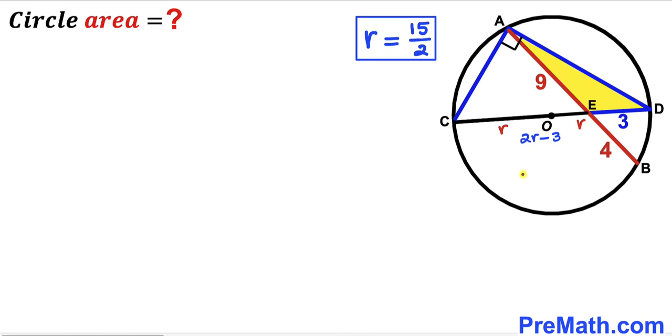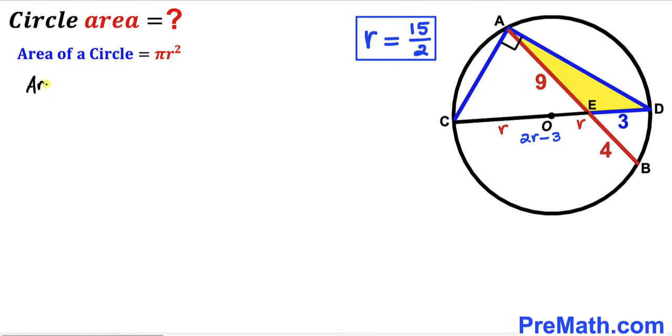And here's our final step. Now we are going to calculate the area of this circle. And now let's recall the area of a circle formula. Area is always equal to pi r square. And in our case, our radius lowercase r is 15 divided by 2 units. So let's go ahead and fill in the blanks in this formula.